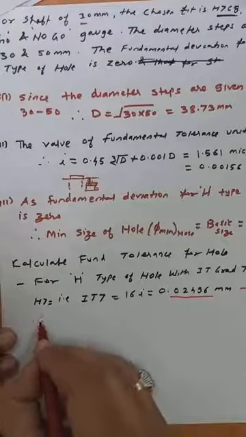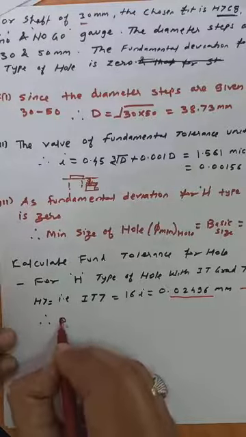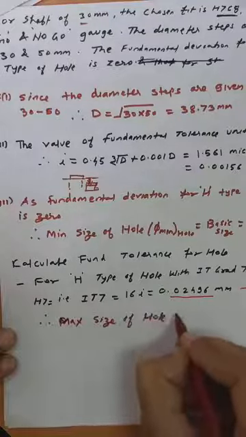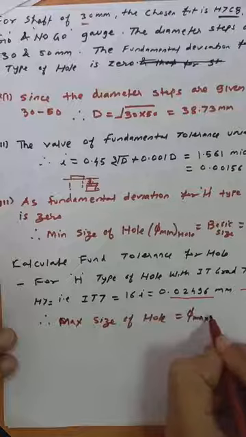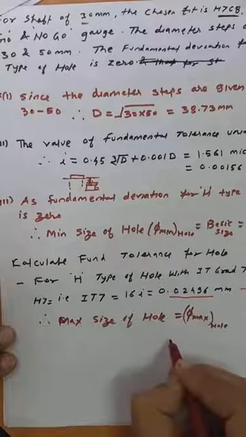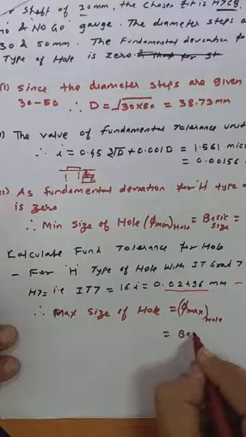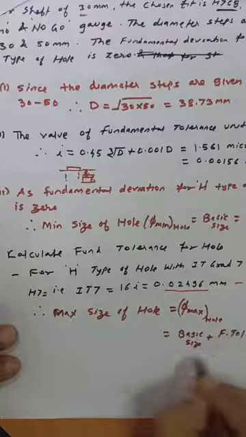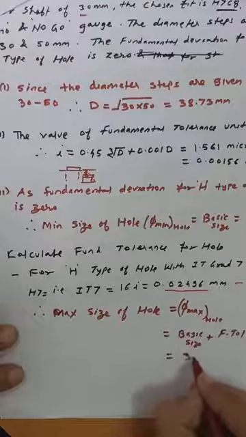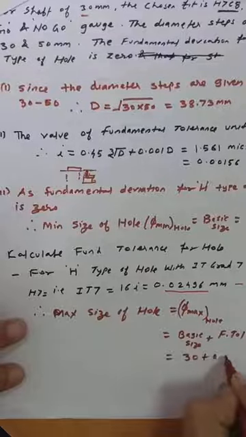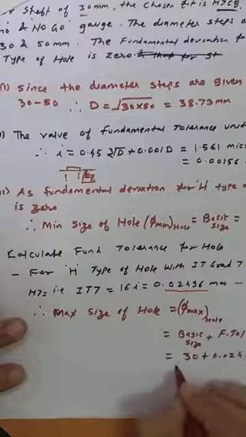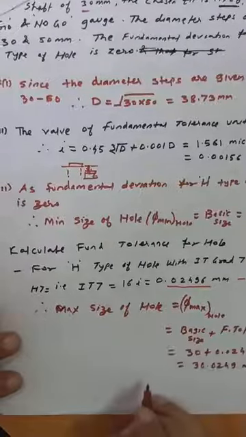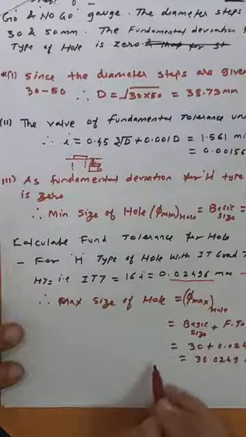Therefore the maximum size of hole, that is phi maximum for hole, is equal to basic size plus tolerance. So it comes to be 30 plus 0.02496, which is 30.0249 mm. So this is the phi maximum, or maximum size of hole.